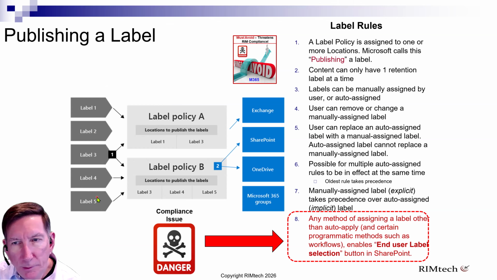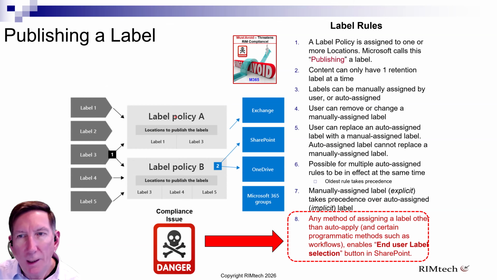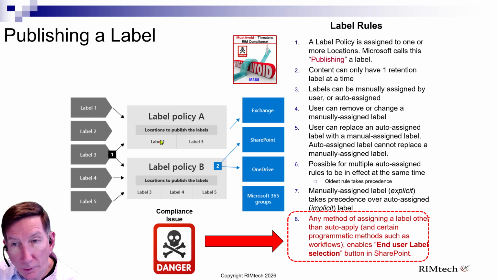Here we have 5 labels and 2 label policies. A label policy is a bag of labels, a container of labels. Label policy A contains labels 1 and 3. Label policy B contains labels 3, 4, and 5. Notice label 3 exists in both, which is fine.